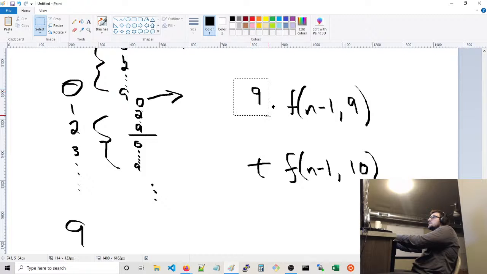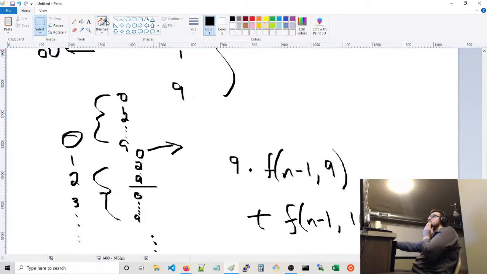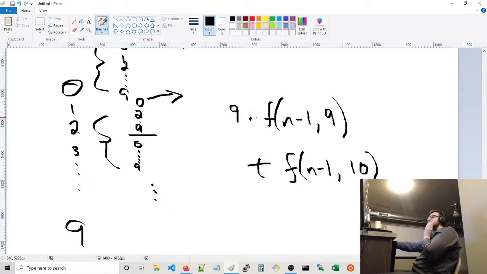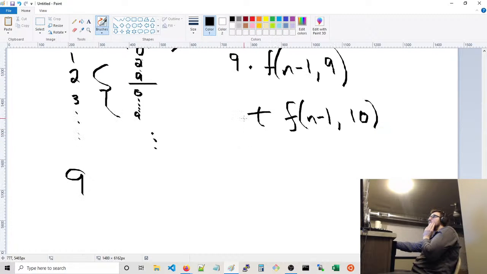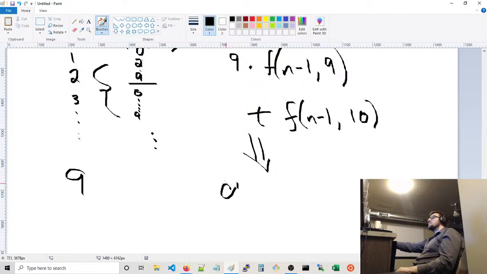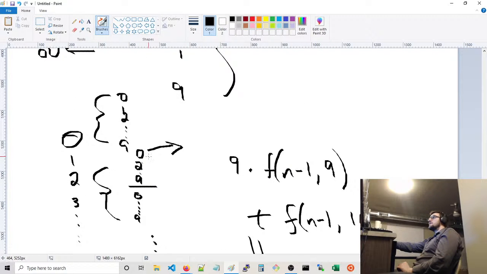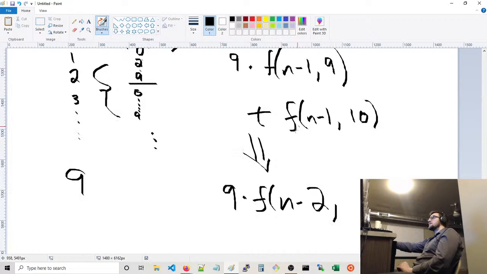And then maybe you can use dynamic programming to do this. That's the first iteration. And the next iteration would be, again, 9 times f of n minus 2. 9 of these cases, each of these for f of n minus 1.